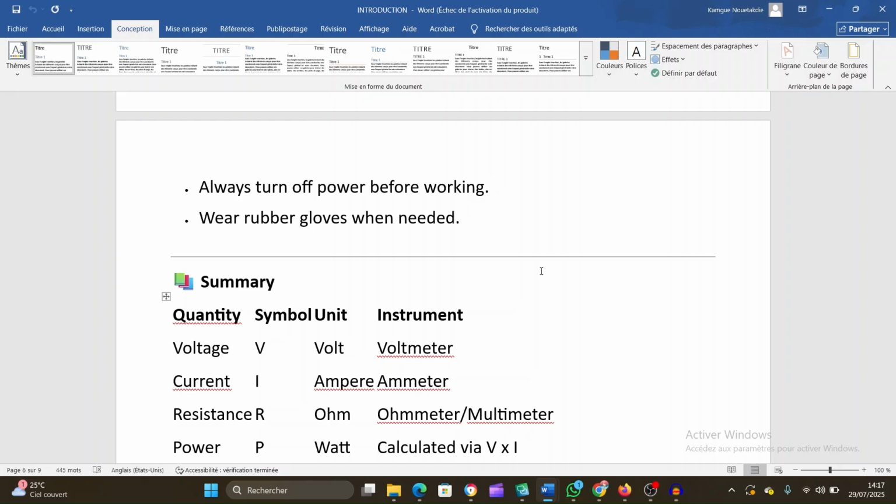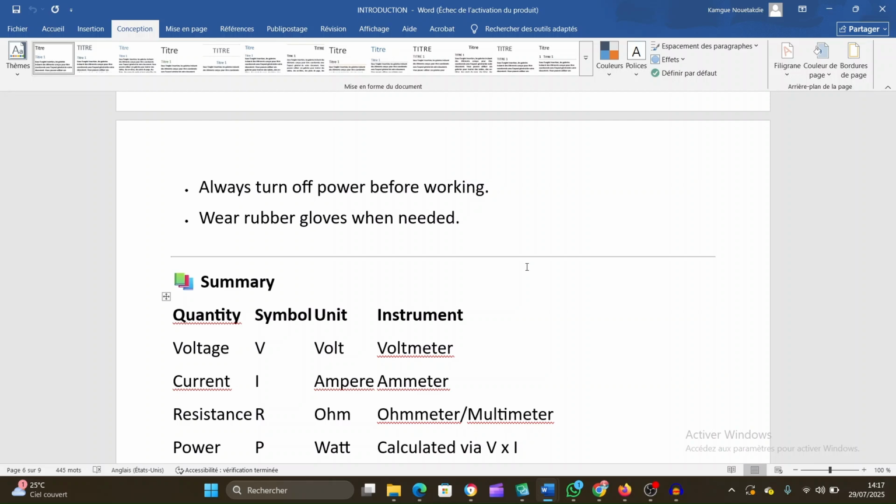So if you want to do a small summary of this course, remember we started by talking about what electricity is. That's what we said from the very beginning. We define electricity, if you can remember, as the flow of electric charge.